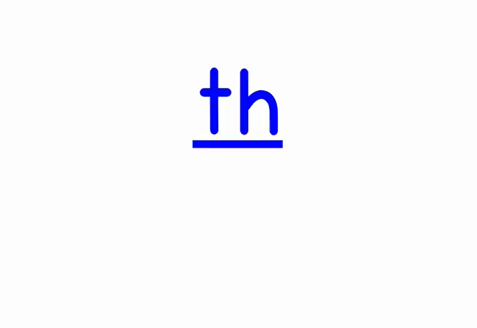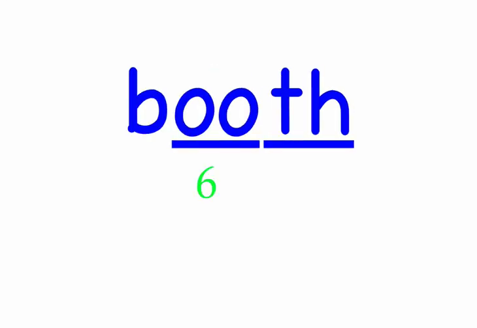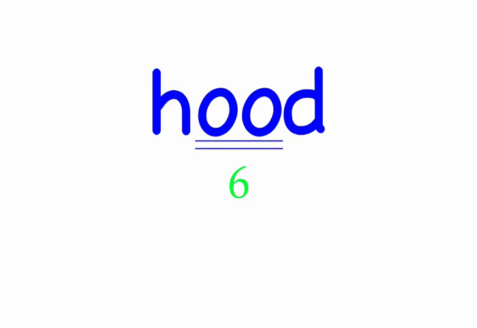Booth. The ticket booth was closed. Booth, 3 sounds: b, oo, th. Hood. He wore a hood on his head. Hood, 3 sounds. Here, the word is pronounced hood. If oo were representing its first sound, we would say hood, but it's hood.